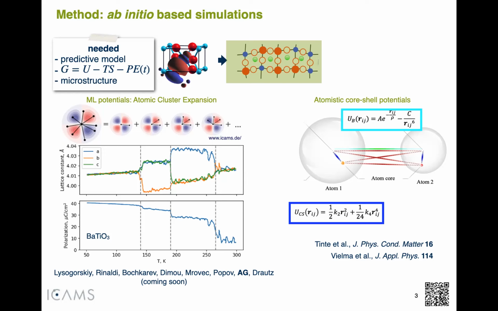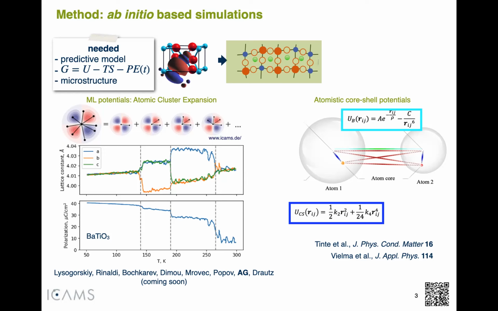First of all, going to the atomistic scale, we use, for example, the atomistic core-shell potentials from literature, where we just have a simple interaction potential and a shell mimicking the polarizability of the atoms. This is one approach.